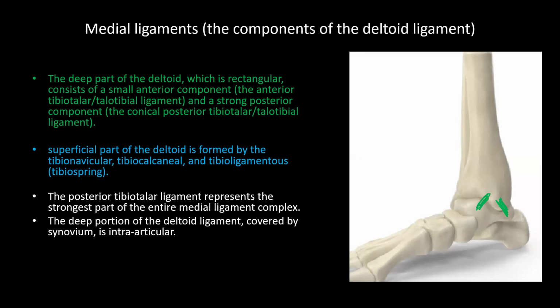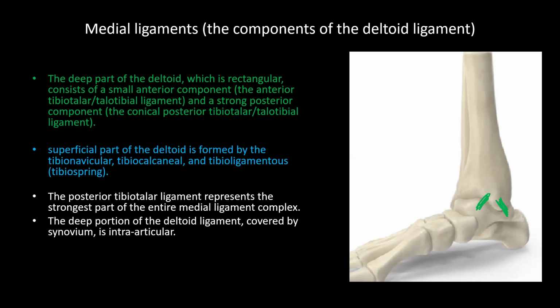The deep part of the deltoid is most important when we talk about its contribution towards ankle stability. The deep part of the deltoid is more important than the superficial part. The anterior and posterior tibiotalar ligaments constitute the deep part of the deltoid.